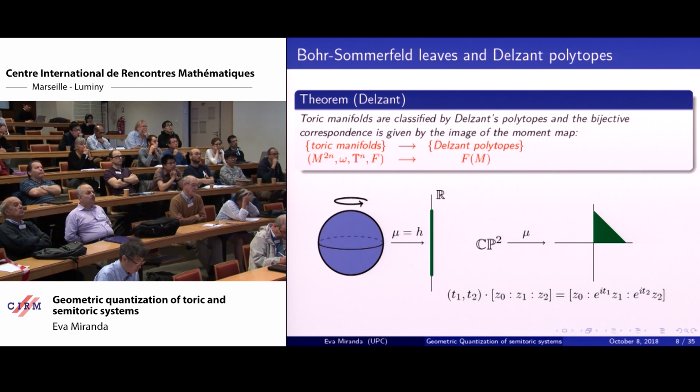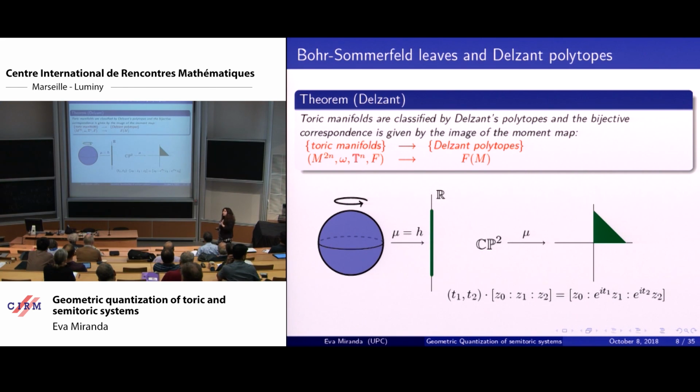We know that toric manifolds are a particular case of a manifold endowed with a torus action, so the image is convex by the theorem of Atiyah, Guillemin and Sternberg, but we know more. The toric case is the case in which the rank of the torus that acts on your symplectic manifold is half the dimension of the manifold, and you assume that the action is Hamiltonian and effective.